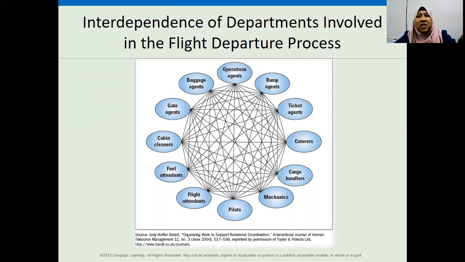As passengers we see the flight attendants, and I don't think we see the pilot somehow, sometimes we can. But actually the whole process is all here. Fuel attendants, cabin cleaners, gate agents. So all of these are involved. If not, our luggage, everything would be left behind, right?